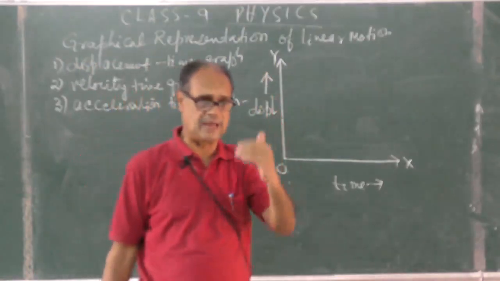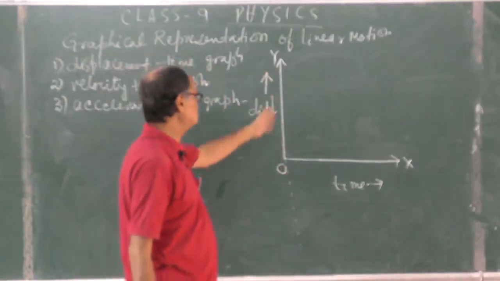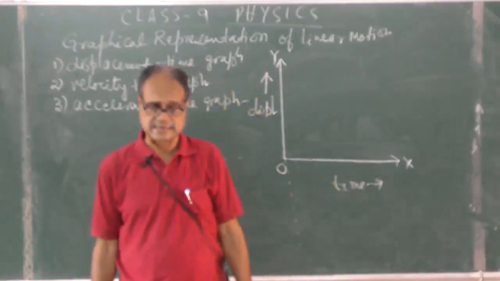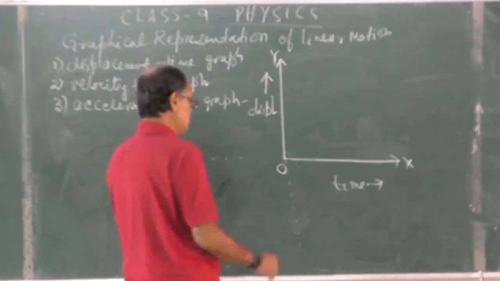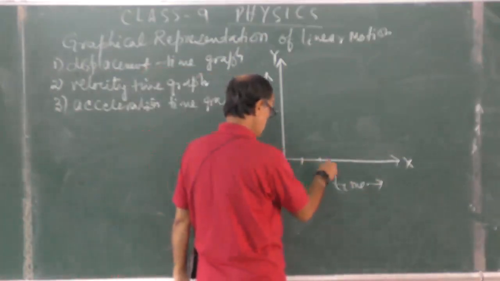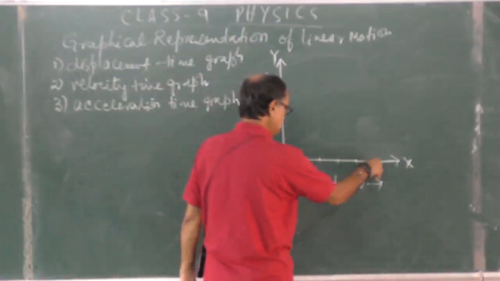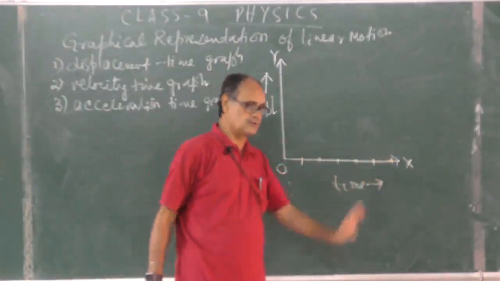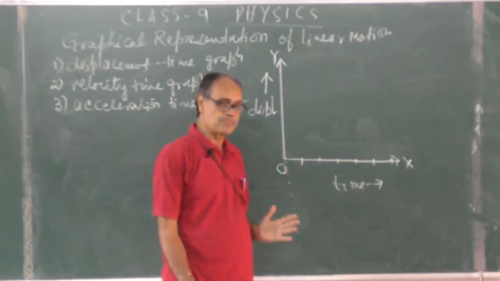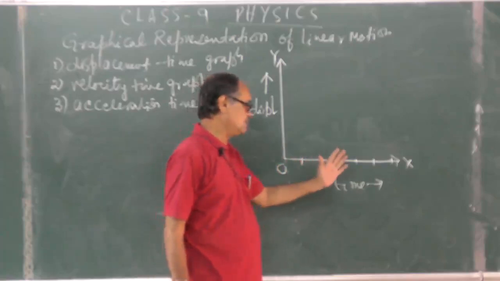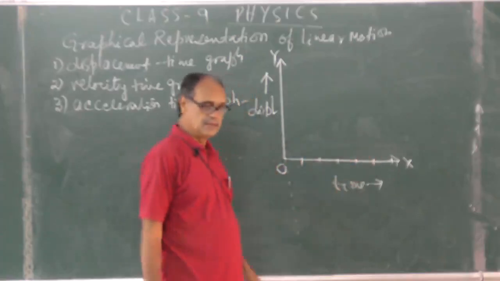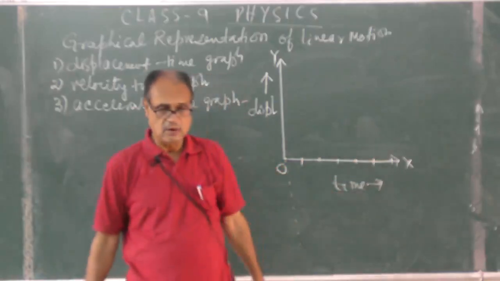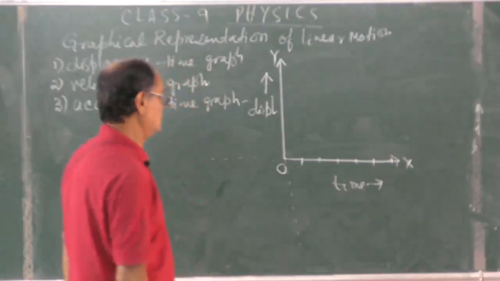Now this chapter begins with the displacement-time graph. We will plot all the displacement values along the y-axis, and the time on the x-axis. Time can be divided according to our needs and choice. It can be 1 second, 2 second, 3 second, 4 second; 5, 10, 15, 20 seconds; or 2, 4, 6, 8 seconds, but it will always be uniformly spread.